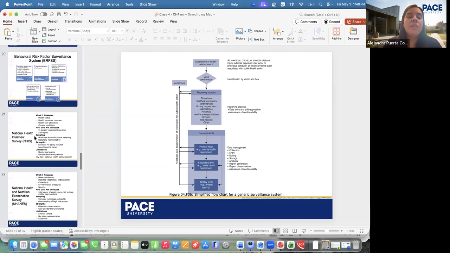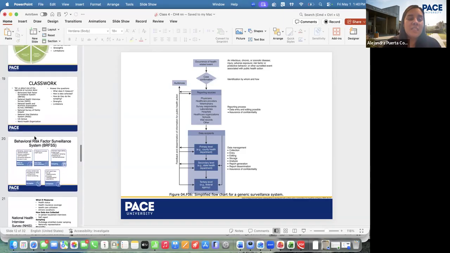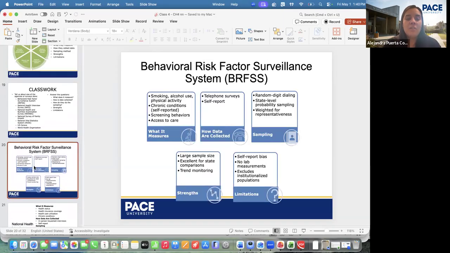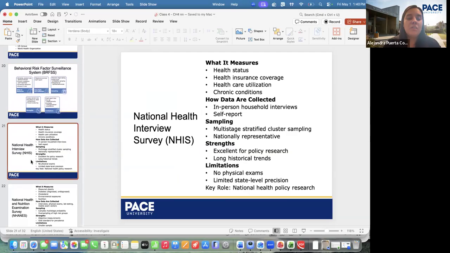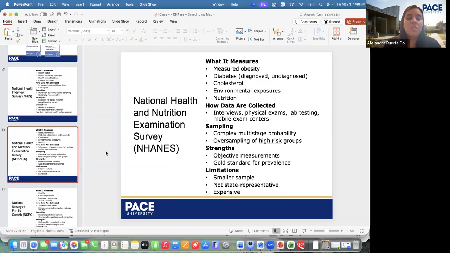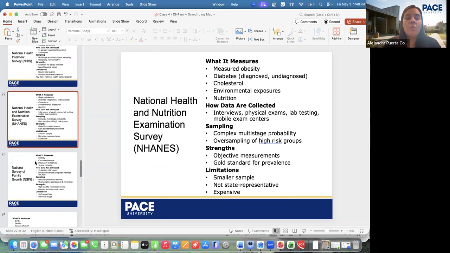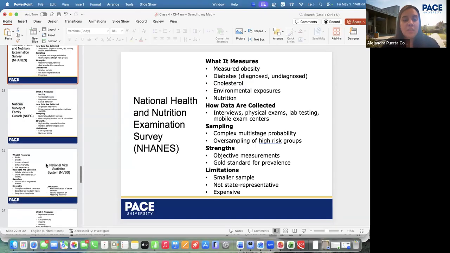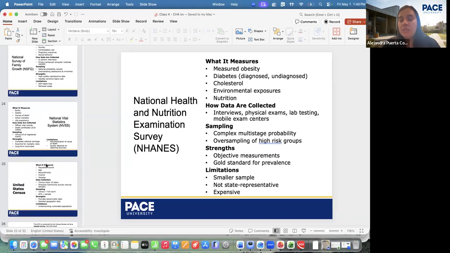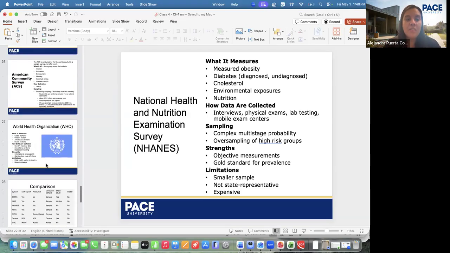So we have all of these different surveillance systems, the Behavioral Risk Factor Surveillance System, the National Health Interview Survey, the National Health and Nutrition Examination Survey. And what we're trying to do is keep count of our population, not only how many they are, but how is their health status, right? So that's why these are done annually, every 2 years, every 10 years. All the time we're looking for new data, right?